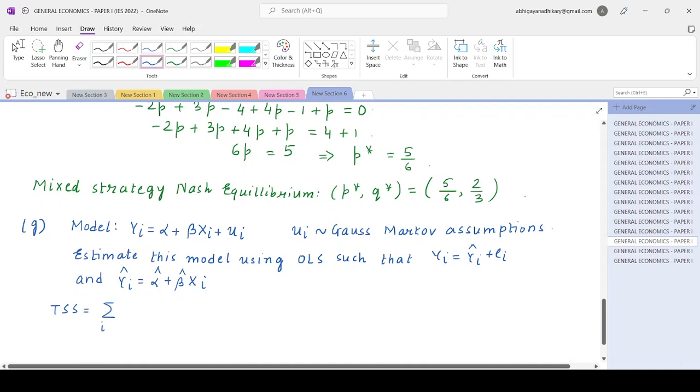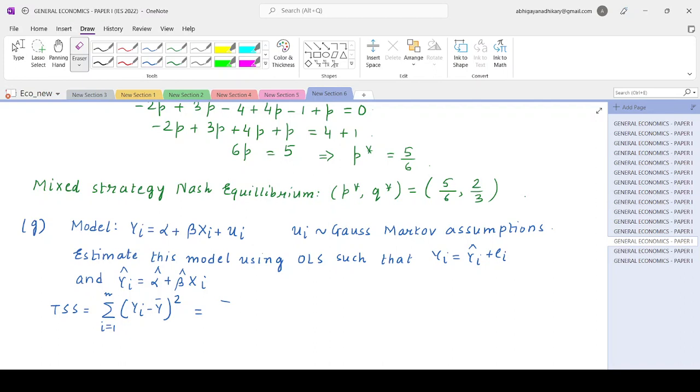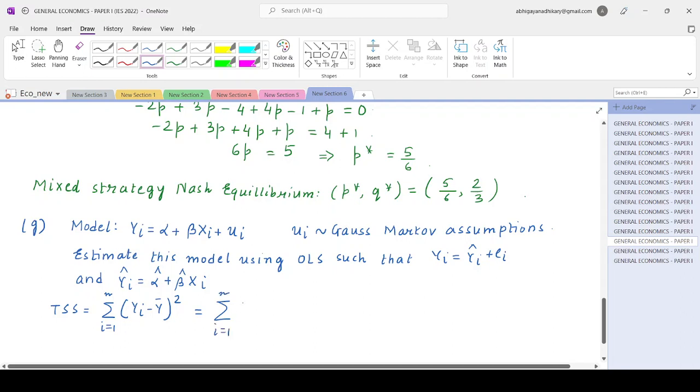It's basically summation i running from 1 to n of yi minus y bar whole square. This is the total sum of squares. So we can introduce a simple manipulation to break this up into what we want. This is summation i running from 1 to n of yi minus yi hat plus yi hat minus y bar whole square.